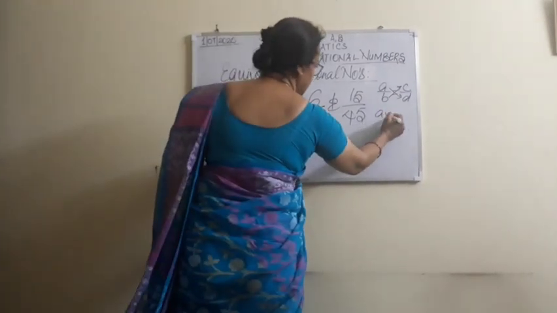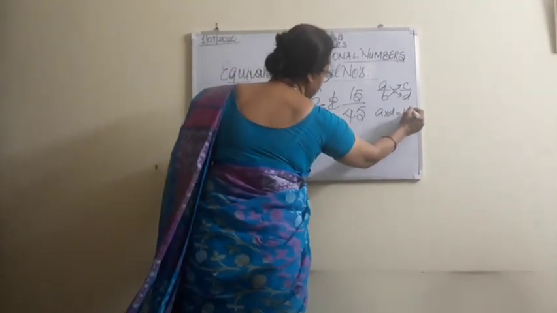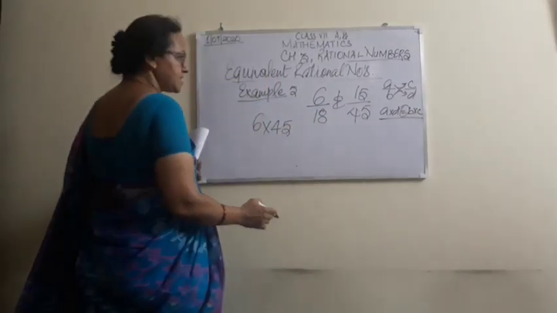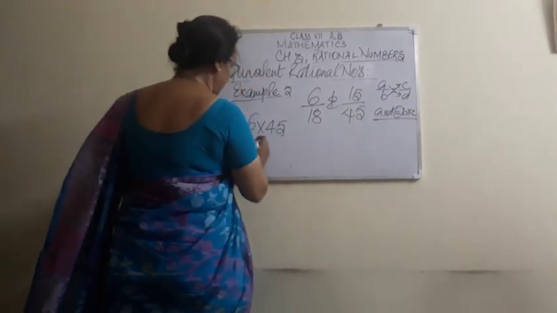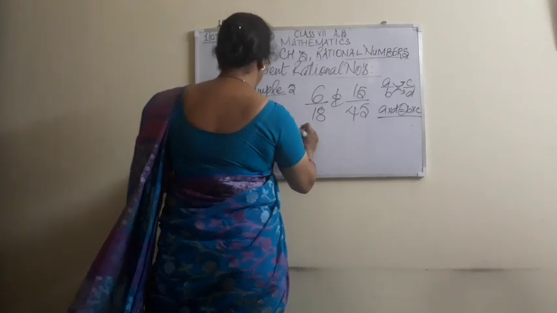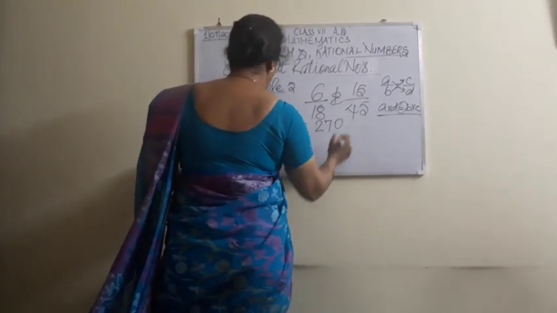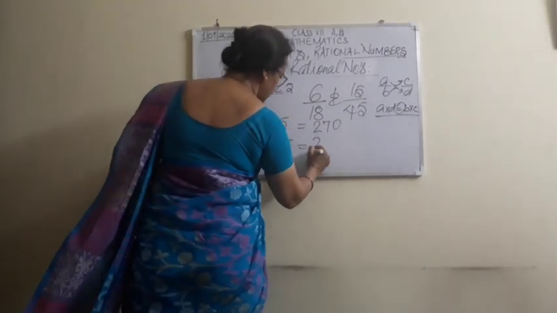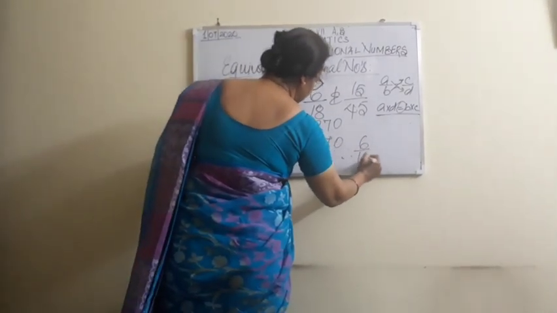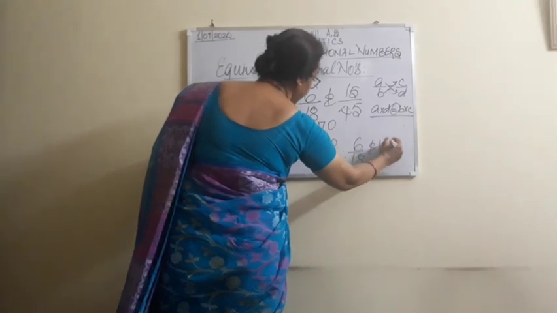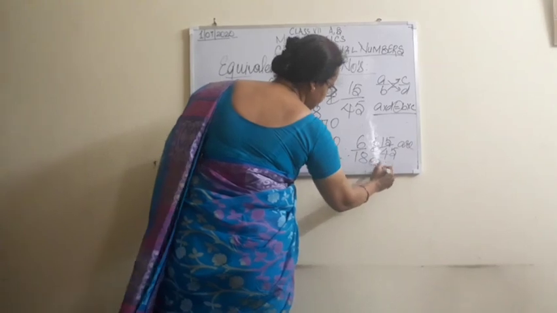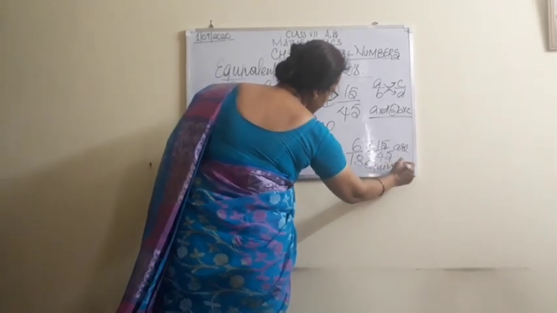Similarly, we will do 6 into 45 and 18 into 15. That's right, 6 into 45 is 270 and 15 into 18 is also 270. Therefore, 6 by 18 and 15 by 45 are equivalent. Is it okay, students?